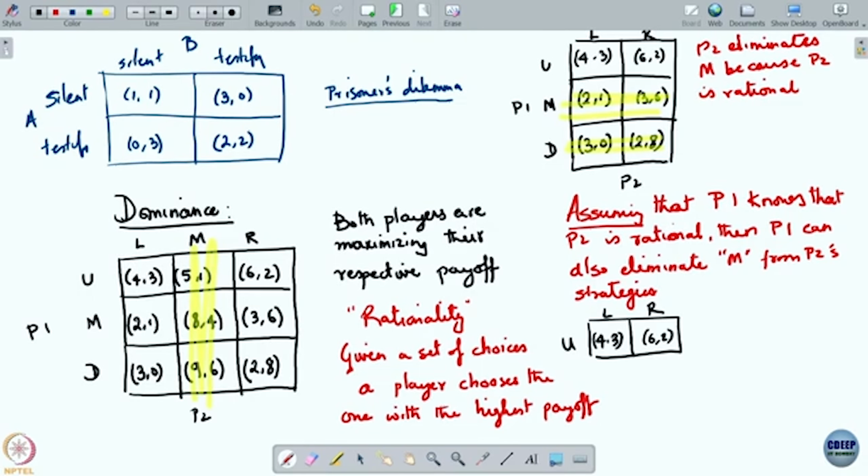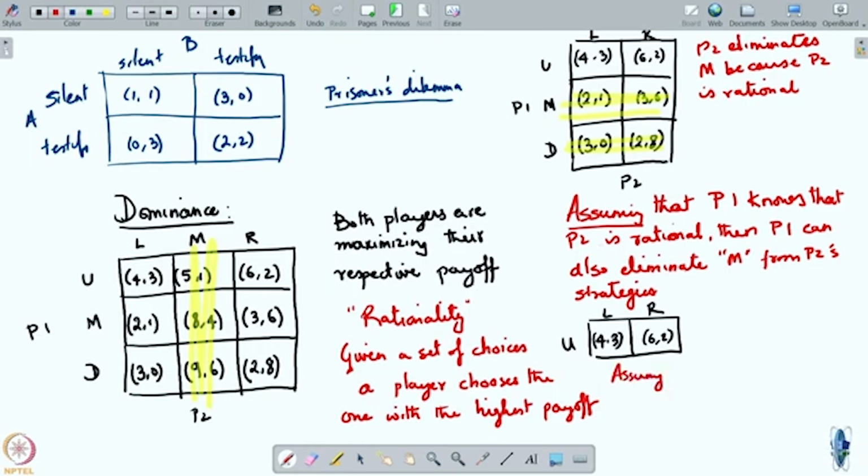Exactly. Just like we assumed here that P1 knows that P2 is rational, we can symmetrically assume that P2 knows that P1 is rational. But that is not enough. You also need that P2 knows that P1 knows that P2 is rational.